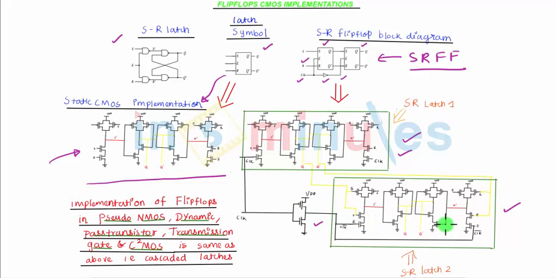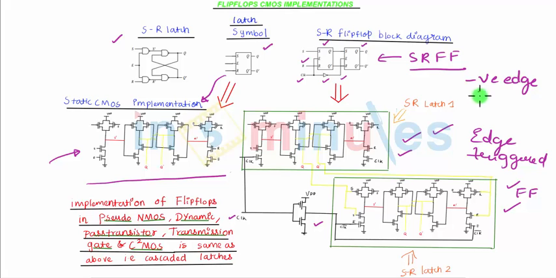I will call this externally clock, and when it's inverted it's clock bar, and this combination of latch 1 and latch 2 will give me an edge triggered circuit, which is nothing but a flip-flop, and in this case is a negative edge triggered SR flip-flop in the static CMOS style.